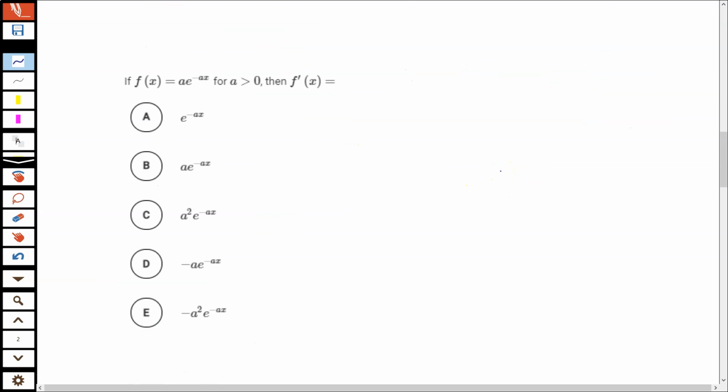All right, this one. Again, one that looks scary, but is really not. We want the derivative for some a bigger than 0. The key here is that we're going to treat a like a constant, meaning a number. So what we'll do here is chain rule. A is just chilling.